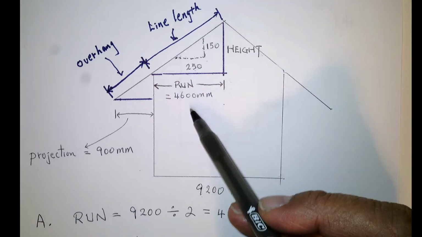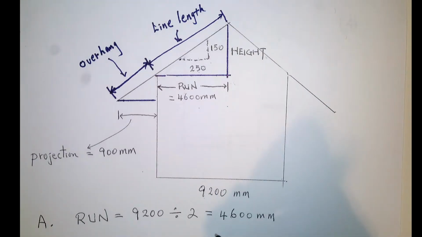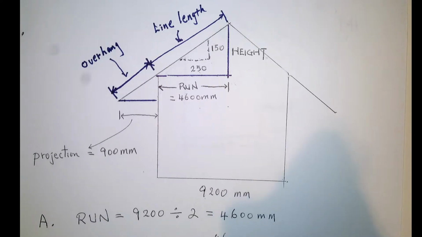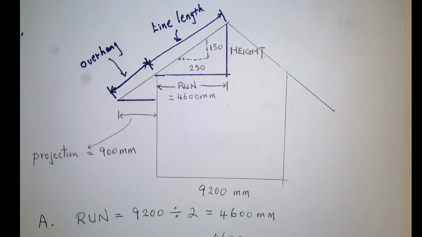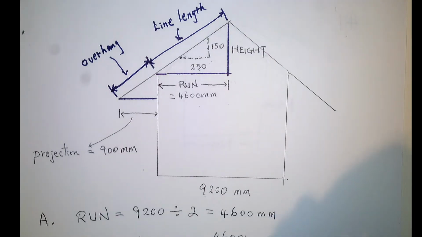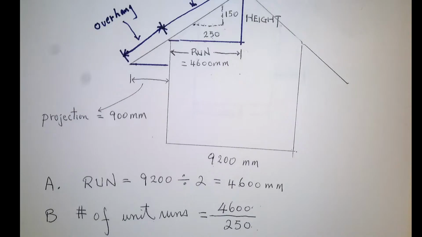Now the run of the house is 4,600. So you're going to divide 4,600 by 250. That's how we find out how much more. For example, if I have $10 and you have $2, then 10 divided by 2, I have 5 times more than you. So you have to understand for what reason you have to do it by division.